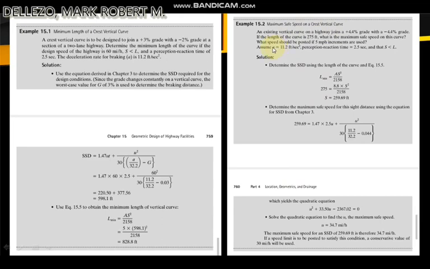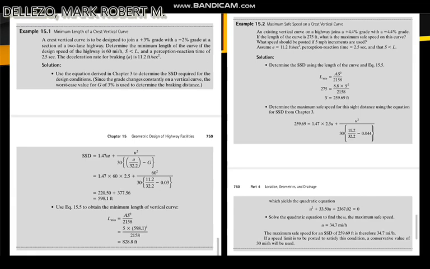The problem is an existing vertical curve on a highway joining a positive 4.4% grade with a negative 4.4% grade. If the length of the curve is 275 feet, what is the maximum safe speed of this curve?